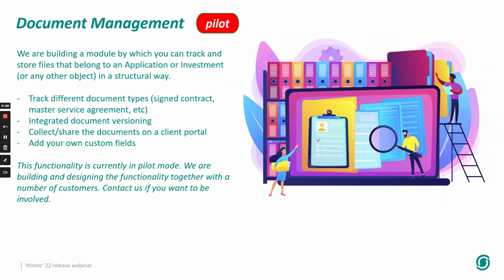So we allow you to track different document types, like signed contracts, master service agreements, or any other type that you can define yourself. We'll have integrated document versioning, so keeping track of different versions of the signed contracts. We'll enable the collection or sharing of the documents on client portals, and also enable you to add your own custom fields to the documents.